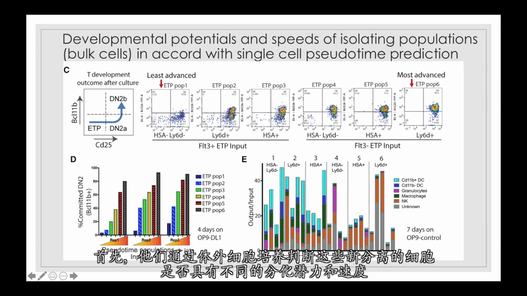Firstly, they use the in vitro cell culture analysis to see whether the cells show different developmental potential and speeds toward the T cell lineage.